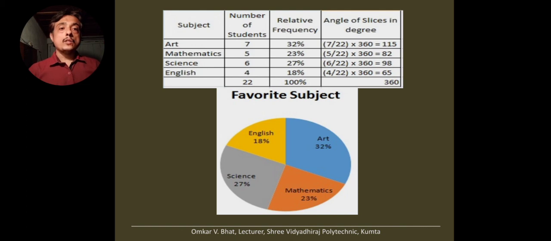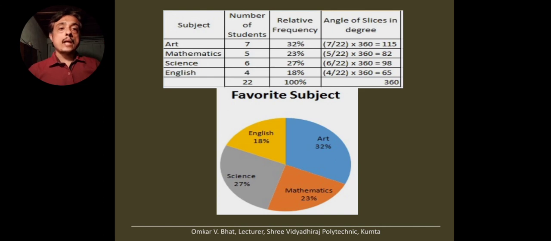See, if I ask you a question, which subject is least liked? Which subject is least liked? Then you can answer this particular question very easily from the pie chart. You need to just check the slice with minimum angle. Slice with minimum angle means a smallest slice.